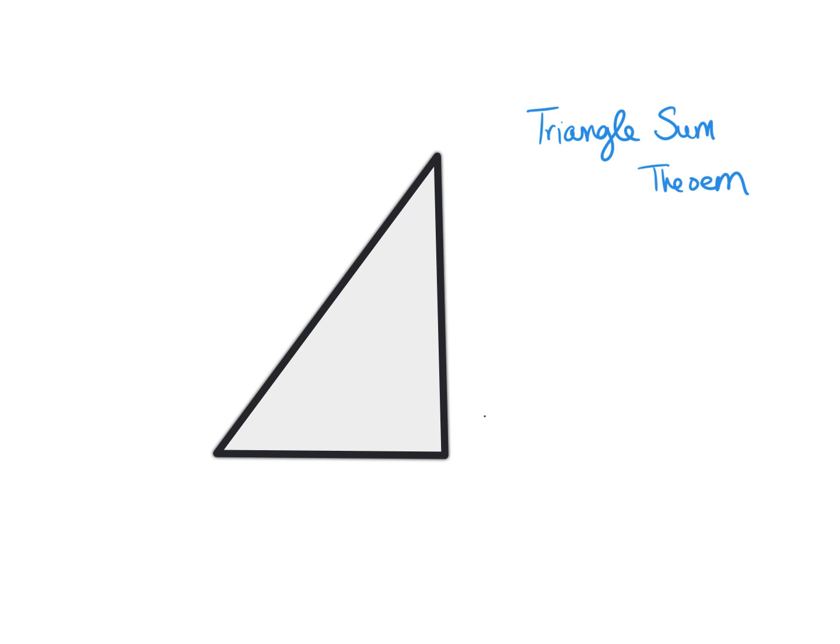One of the most important things that we need to know about a triangle is the fact that all triangles have a total of 180 degrees. So all 3 angles, if I was to label my triangle ABC, okay, the triangle sum theorem states that when I add all 3 angles together, I will have a total of 180 degrees.